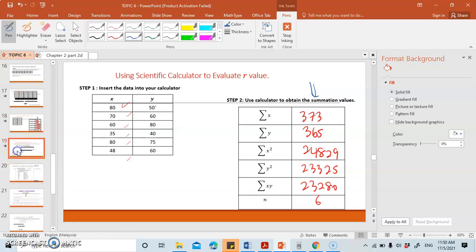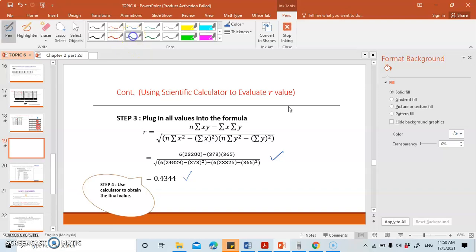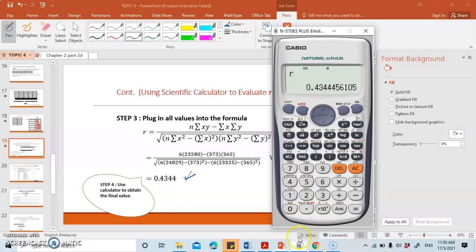Next, you must write the formula and show the substitution of all values into the formula. Lastly, write your final answer, which you can get from your calculator. Using your calculator to find the R value will save you a lot of time.